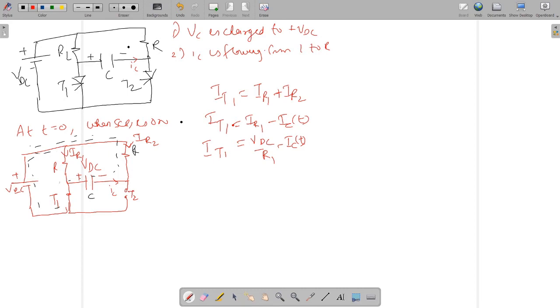It means that your capacitor is going from positive to negative. This plate is getting more positive charges as compared to this plate. So at one point of time, in the steady state, your capacitor will be charged entirely in the opposite direction, and this plate will become positive and this plate will become negative.